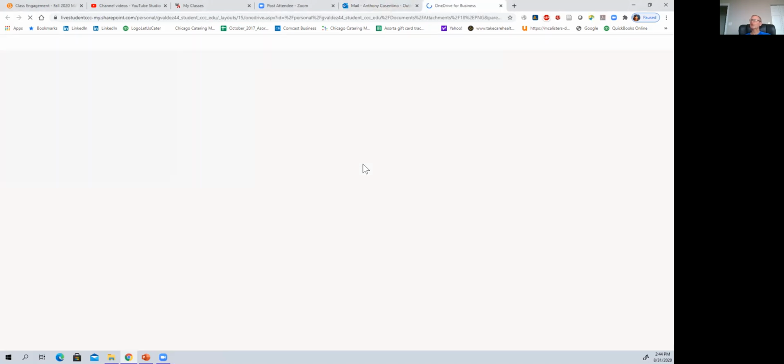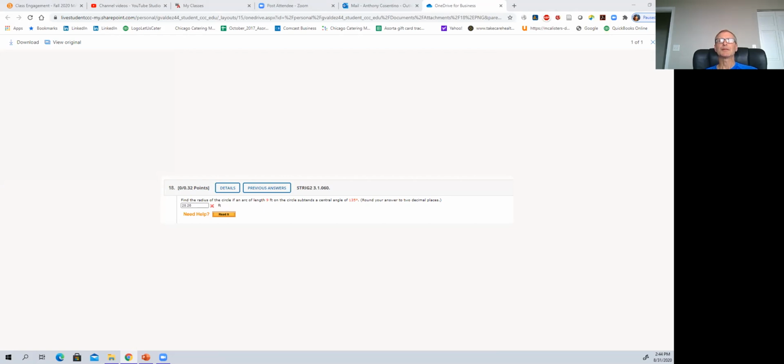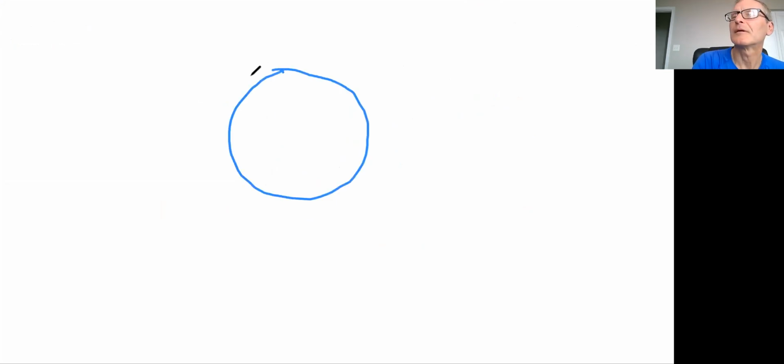Let's see what the next one is. This says find the radius of a circle if the arc length is 9 feet and the circle subtends a central angle of 135 degrees. The way this one is set up, you would have an angle here of 135.